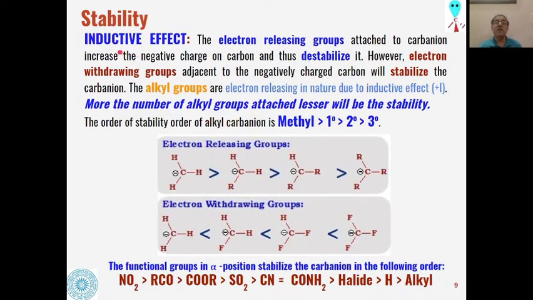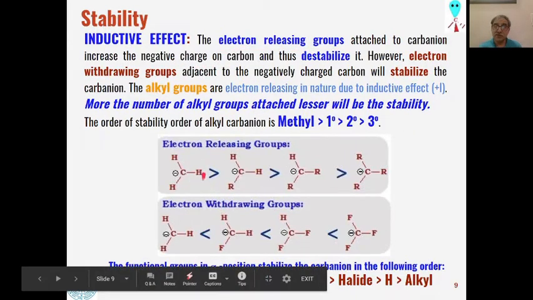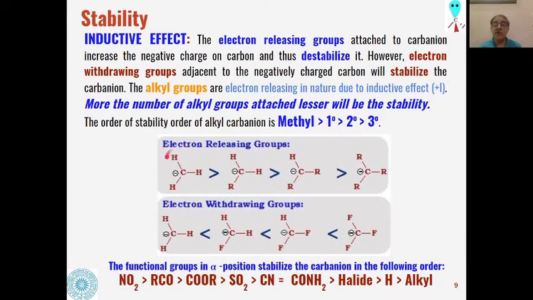Now, first is the inductive effect. We know that electron releasing groups attached to a carbanion will increase the negative charge on the carbon. For example, if we have a methyl anion and a monosubstituted methyl anion, we know that this R group is an electron releasing group.